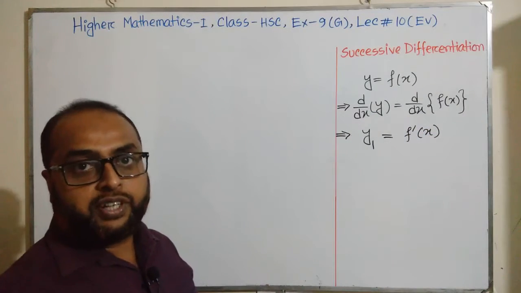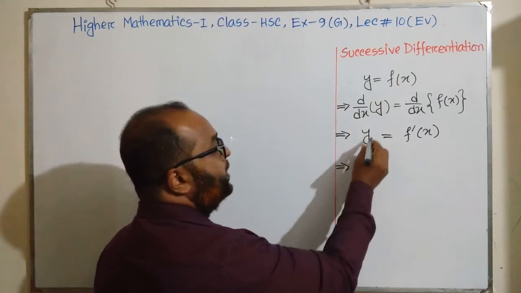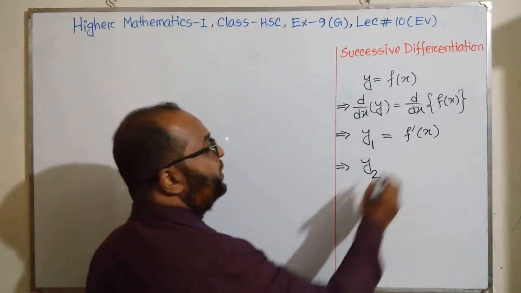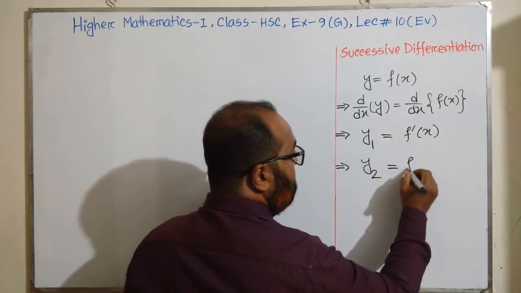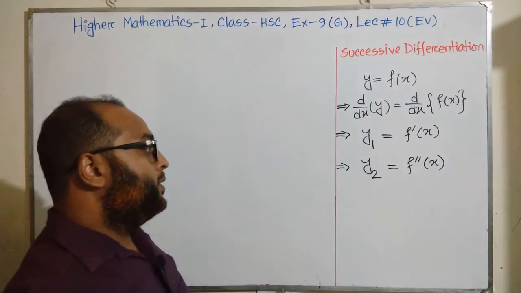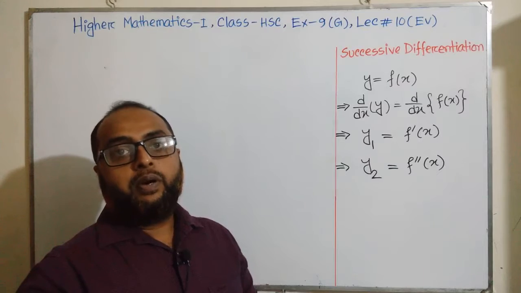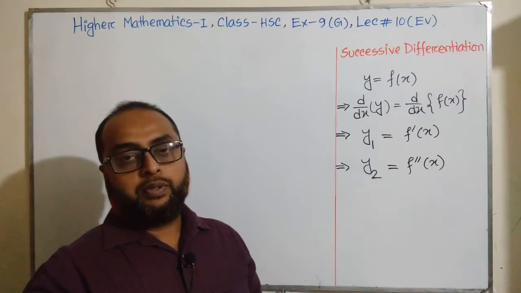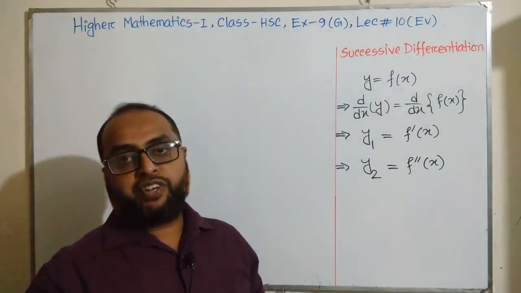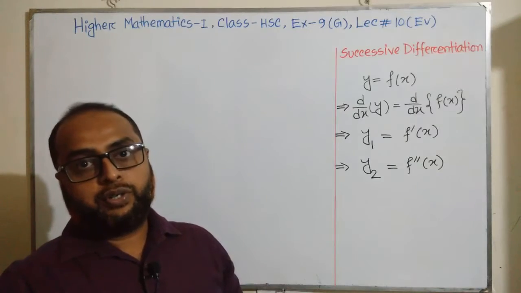Again, if we differentiate this function with respect to x, then this becomes y2, written as f double prime x. Similarly, we can find the derivative up to the nth term. For this reason, this type of differentiation is called successive differentiation.